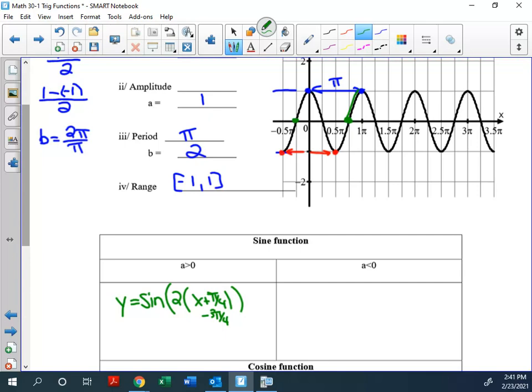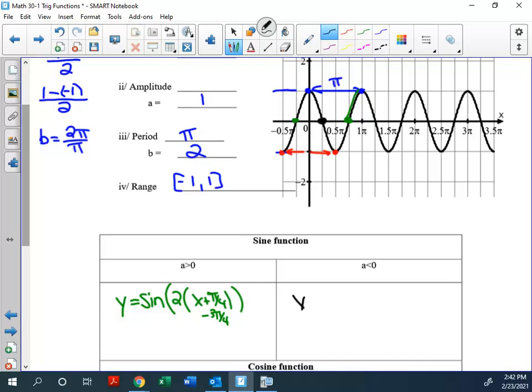Okay, try negative sine on your own. Let's see if you get it. I see here, center down.